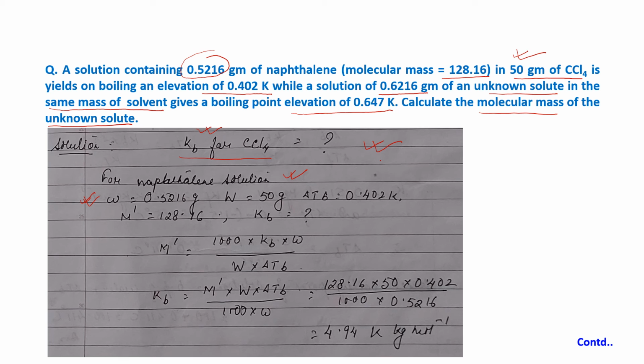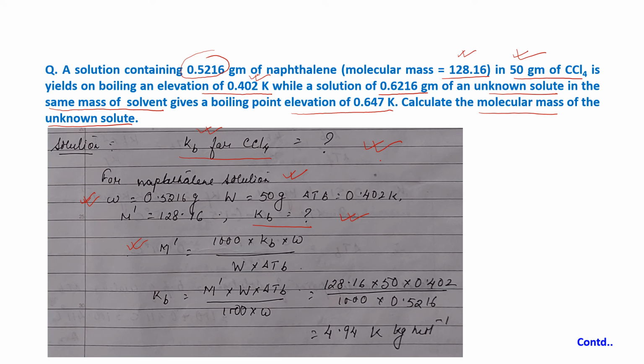And delta TB is given as 0.402 Kelvin. M dash, that is the molecular mass of the solute, is 128.16. You have to find out the value of Kb. Just put it in the formula: M dash is equal to 1000 into Kb into W divided by capital W into delta TB.